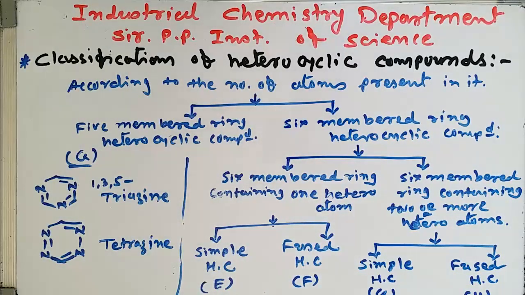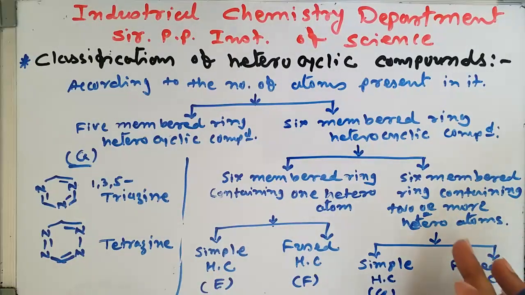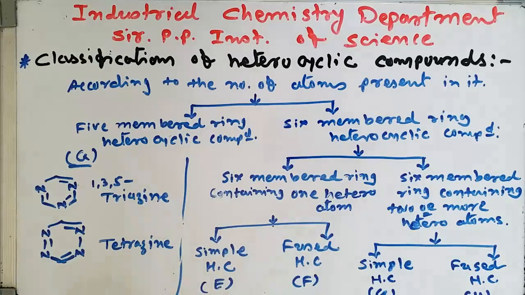Triazine and tetrazine. So pyridazine, pyrimidine, pyrazine, triazine and tetrazine are simple six-member rings containing 2 or more heteroatoms.